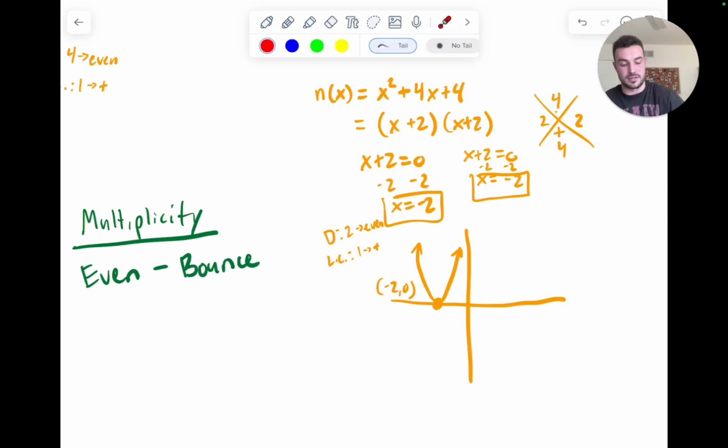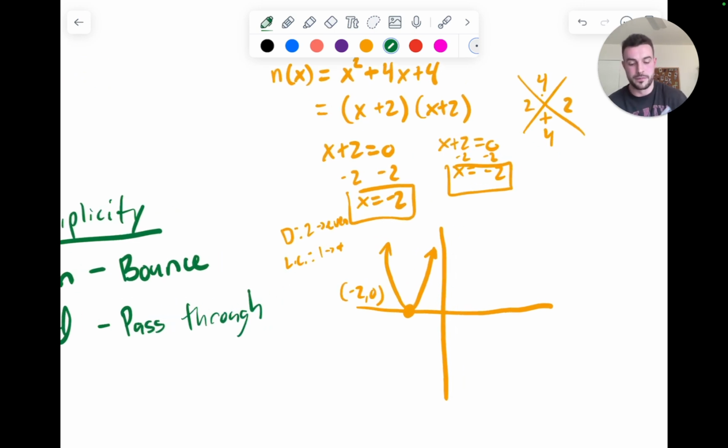And this is what this is right here. Normally an x-intercept is where we cross through the x-axis. But if the multiplicity, the number of times we see a factor, is even, in this case 2, then we are going to bounce and go right back in that same direction. If it is odd, then that tells us we are going to pass through.